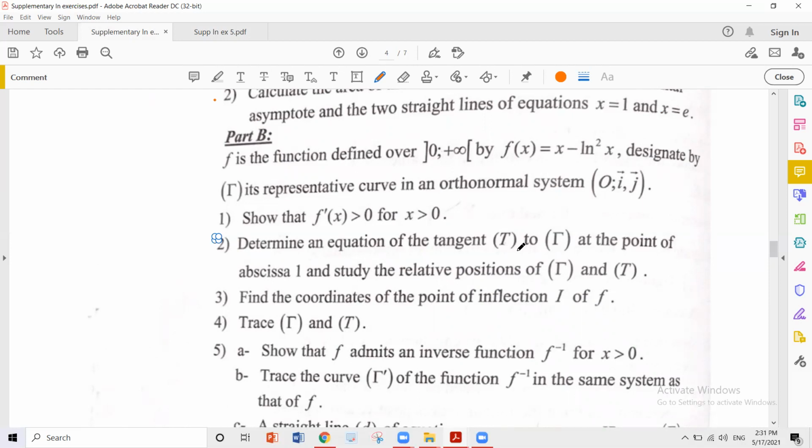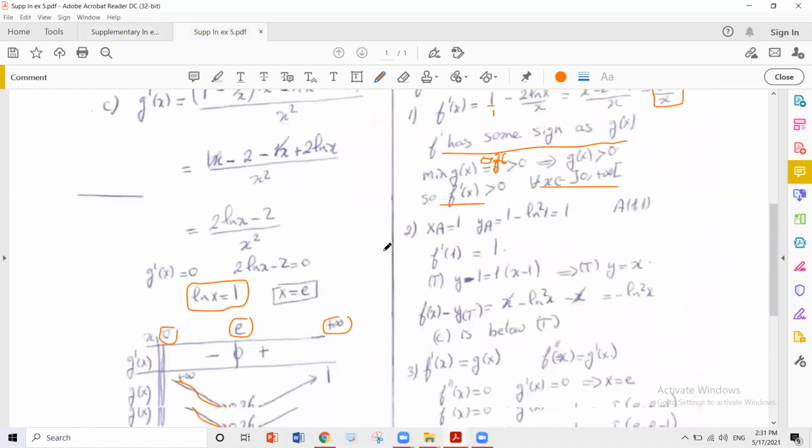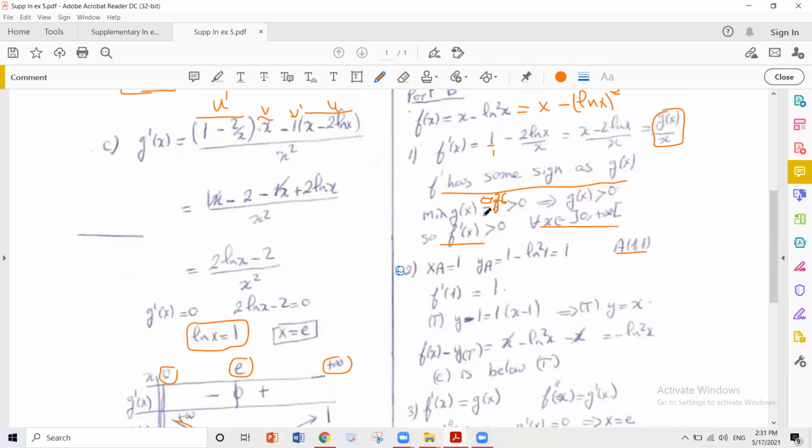For xa equal 1, ya equals 1 minus ln squared 1, which equals 1. So A has coordinates 1, 1. The slope is the derivative: f prime of 1 is 1. So the equation of the tangent is y minus ya equals 1 times x minus 1, so the tangent is y equal x.